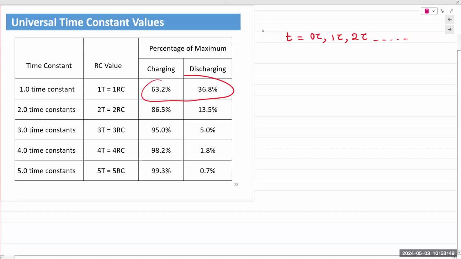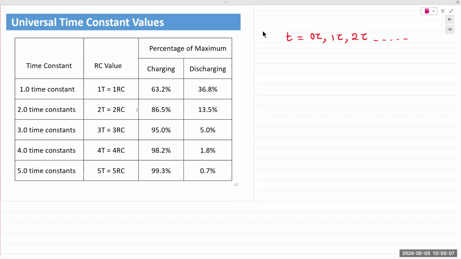But look at the first time constant. When it's charging, e raised to 0, of course, is 1. E raised to minus 1 would be 0.368.